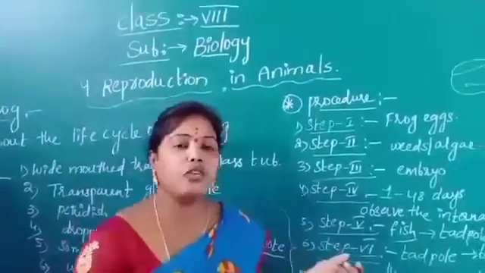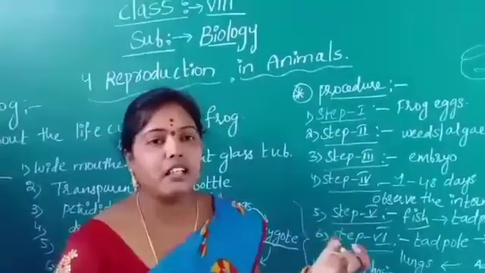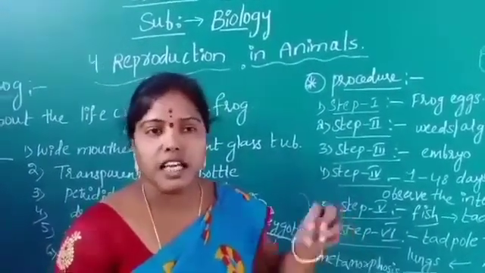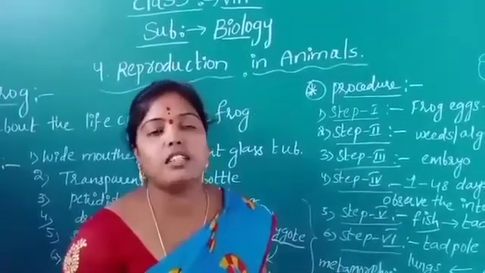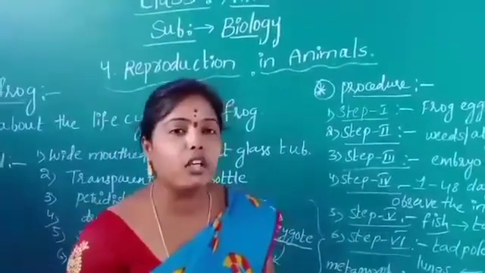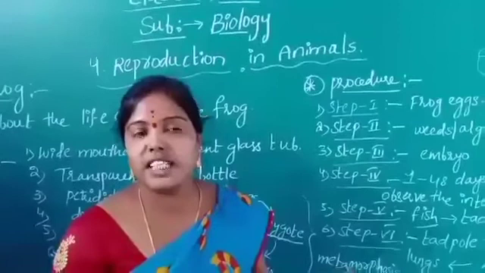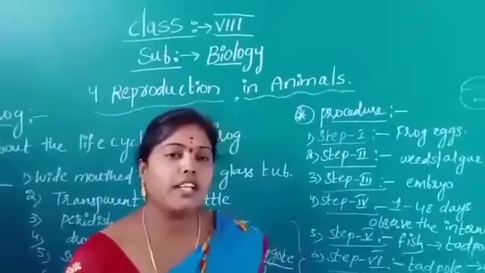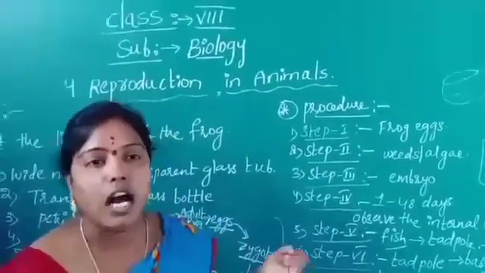Children, simply how will you do it? Just collect the eggs from pond water and keep weeds and algae with the eggs. After one week you observe the blackish part present in the eggs, that is called embryo. The embryo develops into a tadpole, which is a fish-like structure that takes respiration with the help of gills. The tadpole is converted into baby frog, and the baby frog is converted into adult frog.